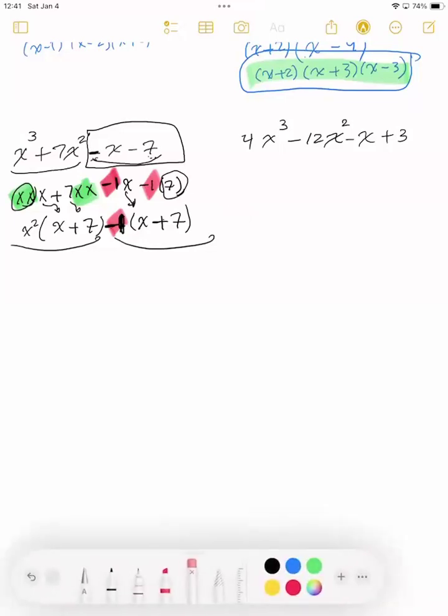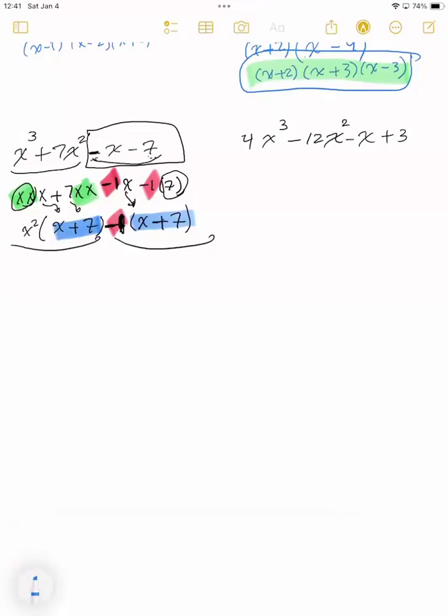So then I look at the new ones and I say, what is the common factor here? I see x plus 7, and x plus 7 is the common factor. So I put x plus 7 as the common factor. I get the leftover, x to the power 2 minus 1.